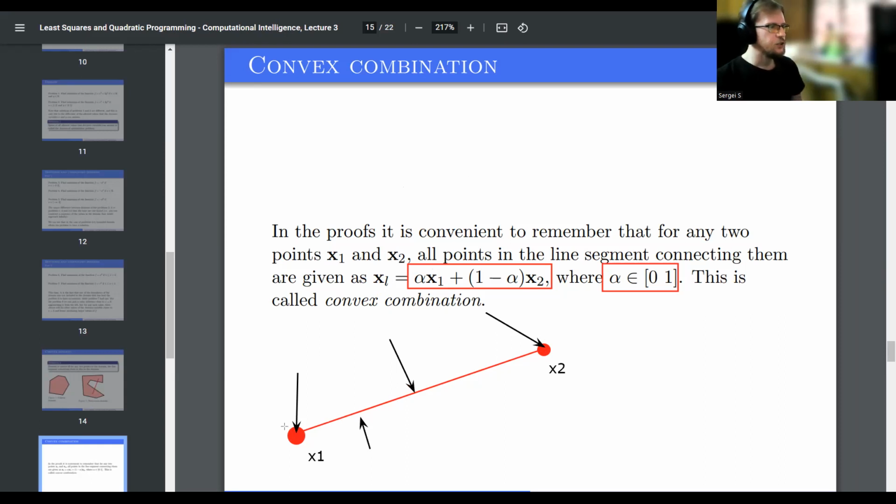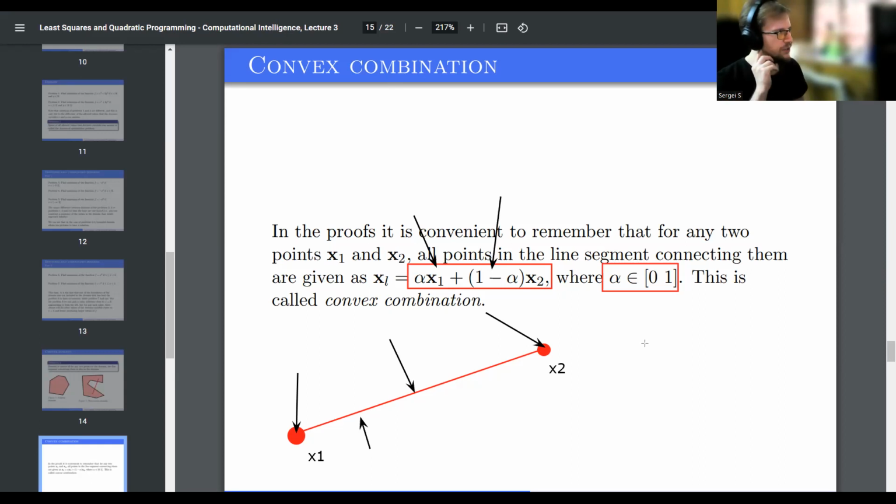Okay. So all the collections of points on this line segment is given by this expression, alpha x1 plus 1 minus alpha x2. And this expression is called convex combination. So we can say convex combination of those 2 points is, etc. So this is a convex combination, this expression here.